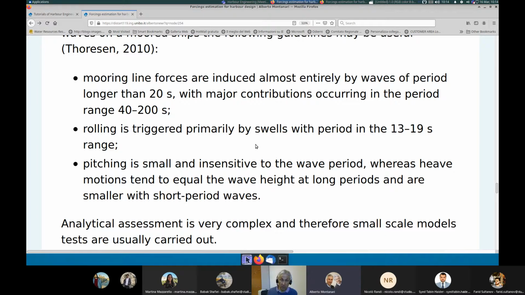Therefore, for complex situations, for important designs, we make experiments in the lab. So we build a small scale pool, and then we transfer the results that we get in the small scale pool to the situation of the port. Keep in mind that this looks like a simple exercise. In reality, it's not simple.